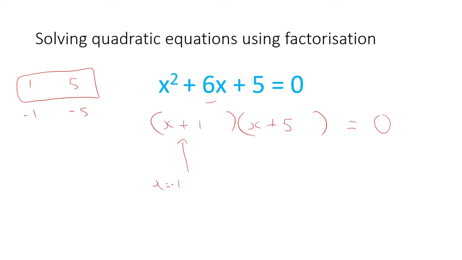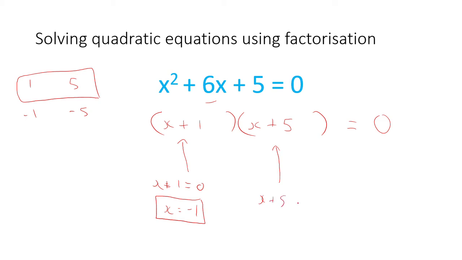Or if x plus 1 equals 0, then x is going to be equal to minus 1. So that's our first solution. And we got that solution again by making that first bracket equal to 0, x plus 1 equals 0, and therefore x equals minus 1. Our second solution will be assuming x plus 5 equals 0.